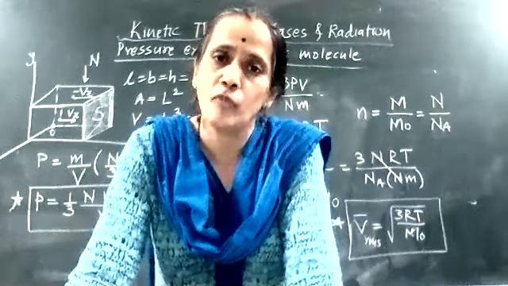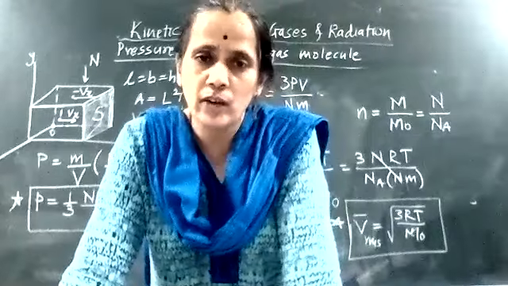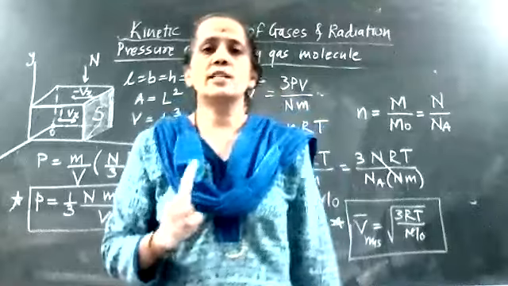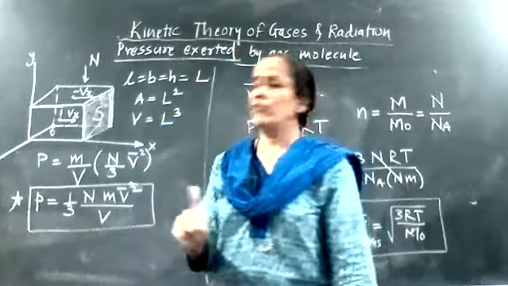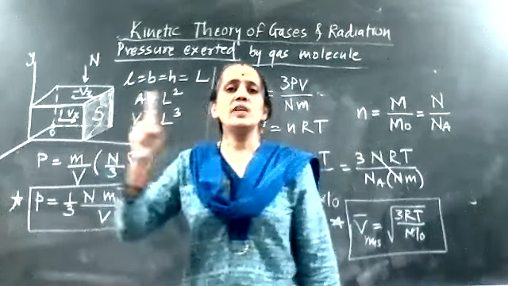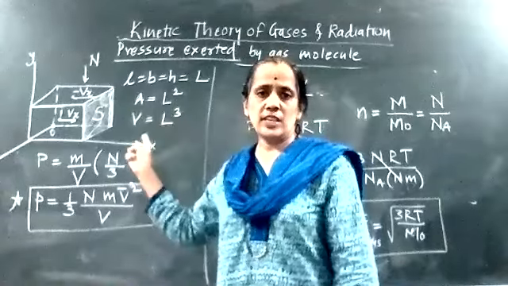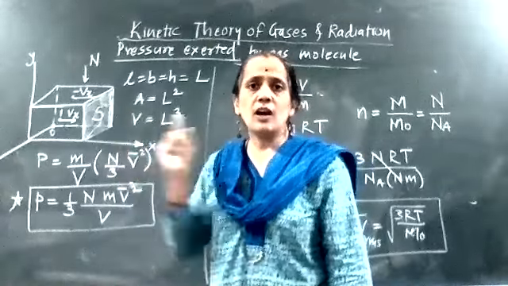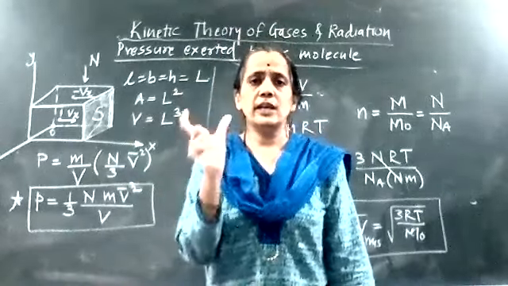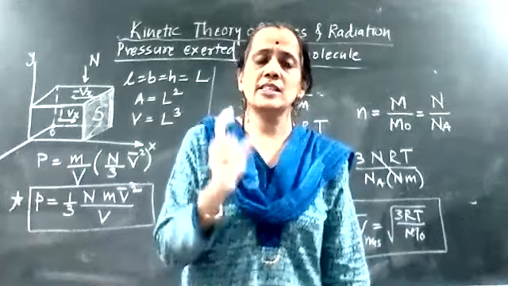Clear? For that purpose, point number 3. What are we going to consider? We are going to consider the first gas molecule, which is moving parallel to the x-axis with velocity Vx1. It travels towards the surface S, covering a distance L, so the initial momentum of that gas molecule is m Vx1.